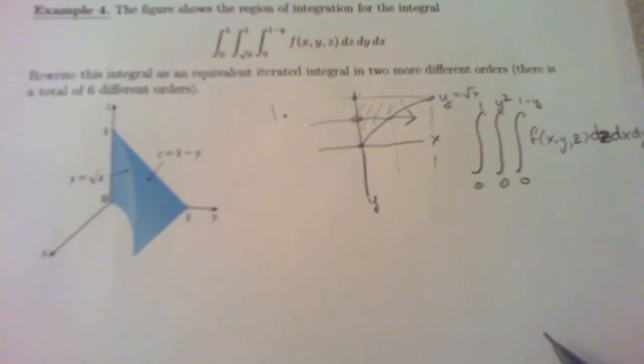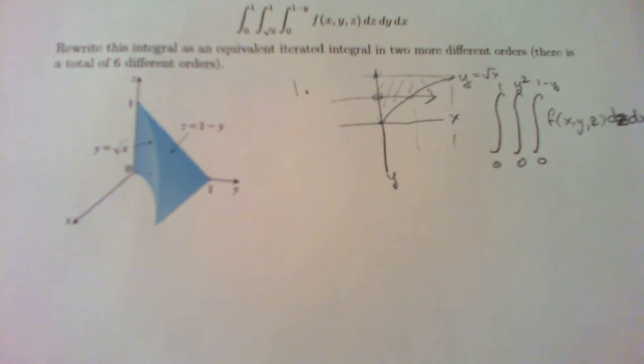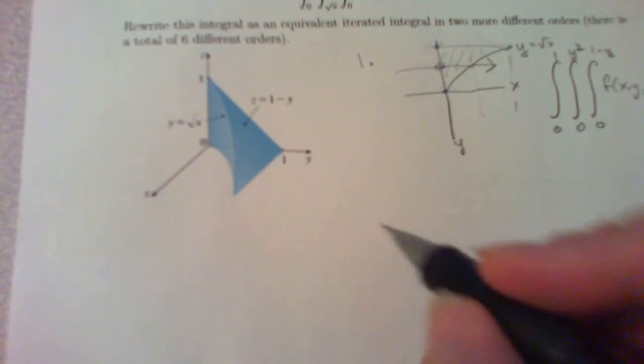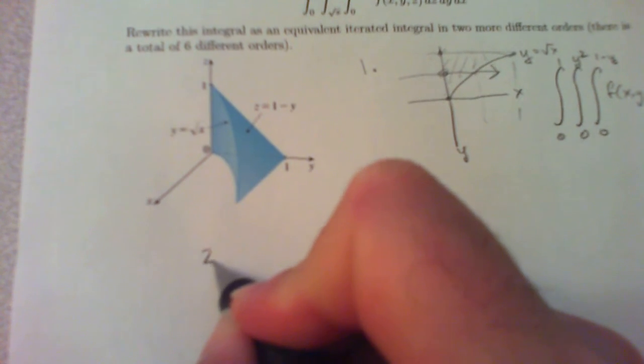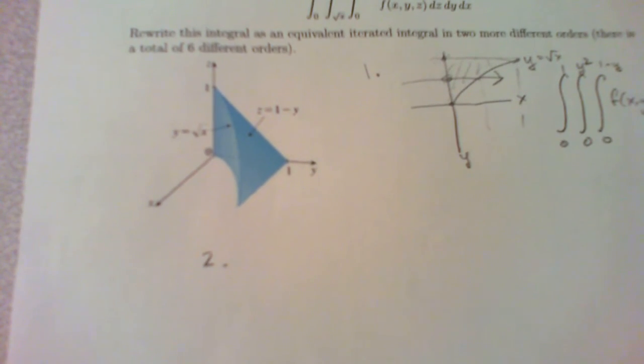All right, let's do another one now. So now let's really start switching, get Z out of the picture here. Okay, so let's go for another method. Another way to approach this. What I want to do is think about coming in the direction of X first.